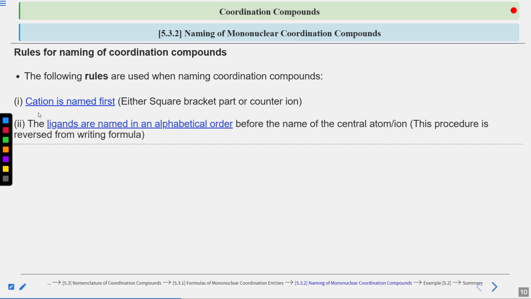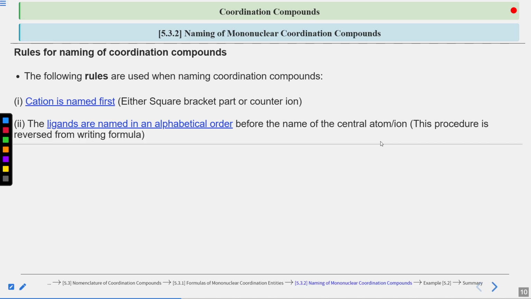The second rule says that the ligands are named in alphabetical order. Alphabetical order means that if there are many ligands, let's say two or three ligands, you have to name them in alphabetical order before the name of the central atom or ion.